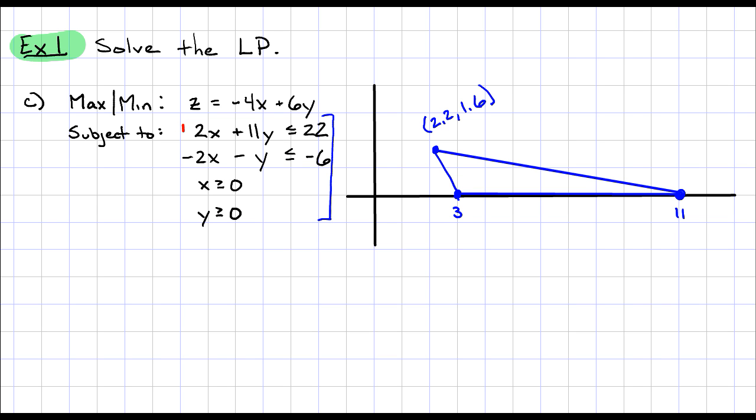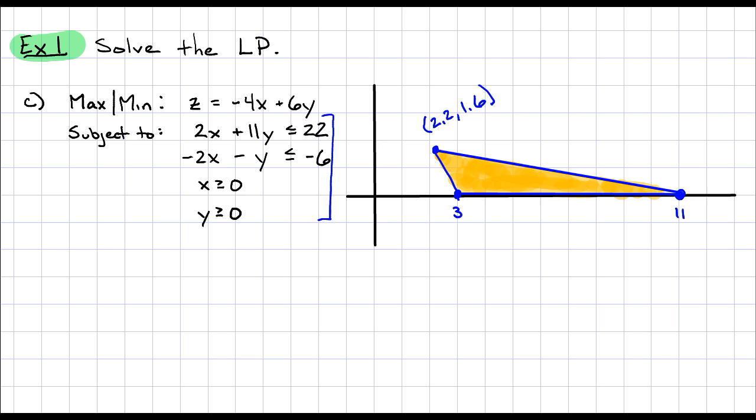Once again, if it's unclear how to do that, go back and review the example in section 5.2, and that should refresh your memory. Okay, but anyway, in this example, this is what our region looks like. It's this thin little triangle. And we have all three of our vertices here. 2.2, 1.6 is one, and then x equals 3 and x equals 11 are the other.